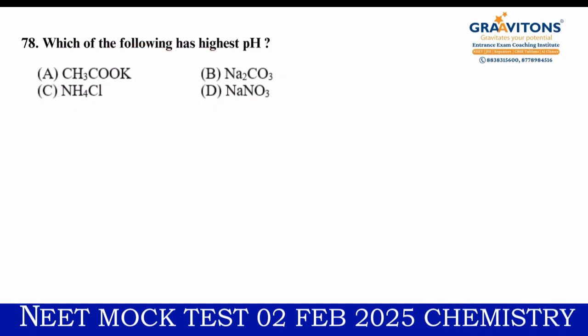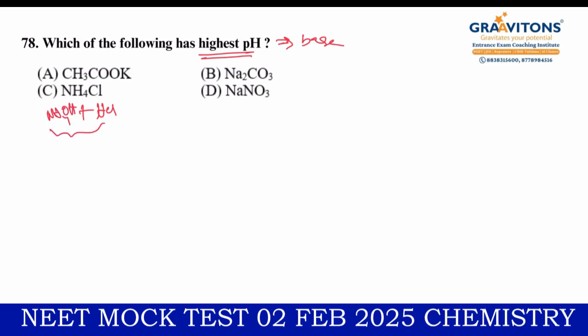78th question, which of the following has the highest pH? If you check here, the highest pH can be given by a basic salt. If you check all the three options, you can find here strong acid, that is HCl, plus weak base NH4OH.